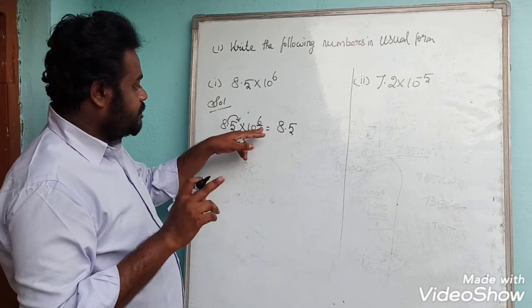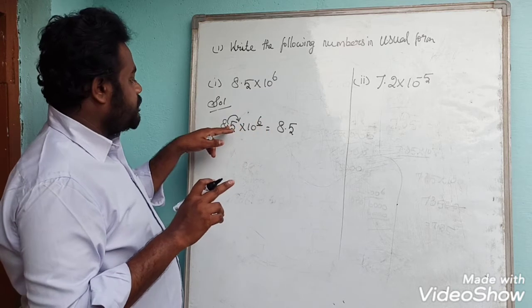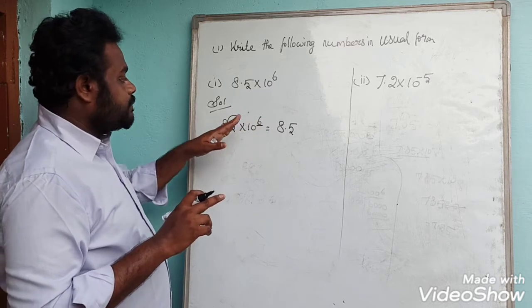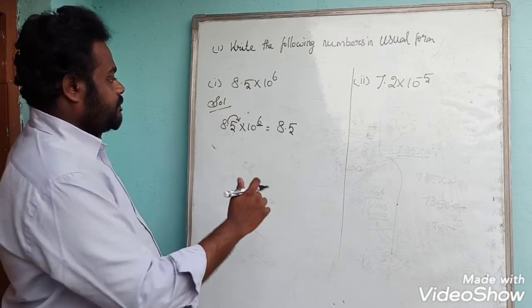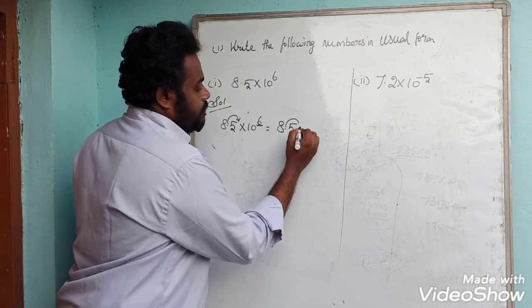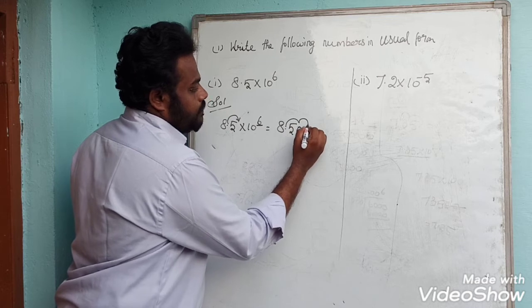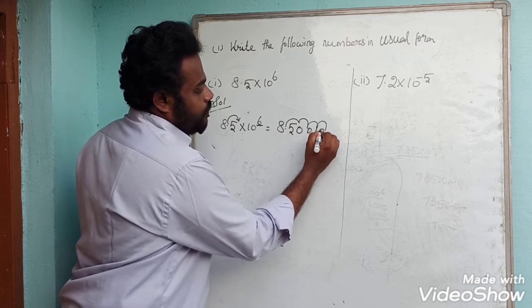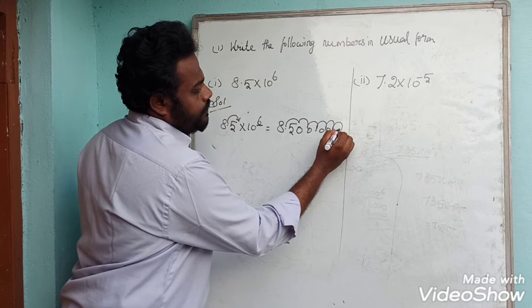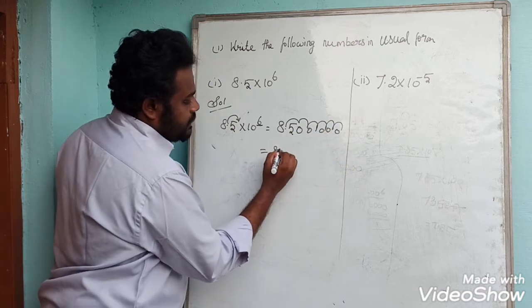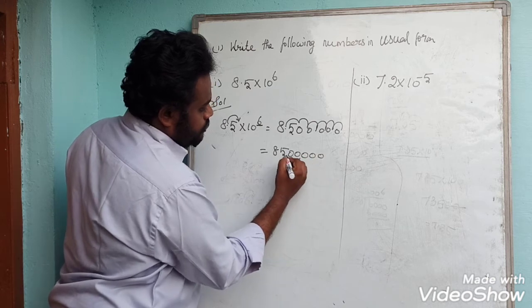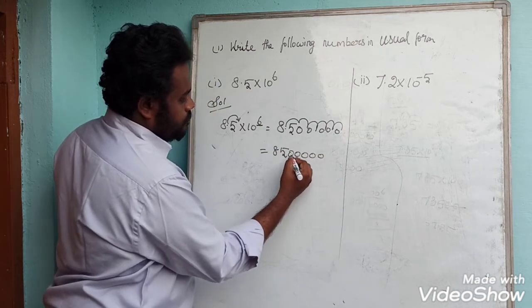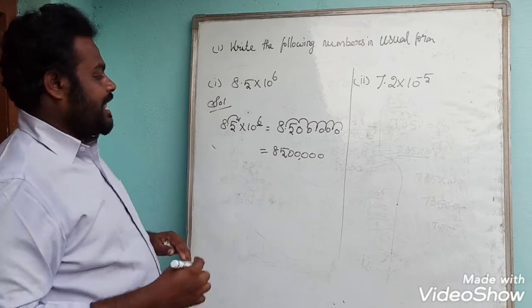Earlier the decimal point was moved left and placed here; now we have to move right. 1, 2, 3, 4, 5, 6. Then the value is 85 lakhs.